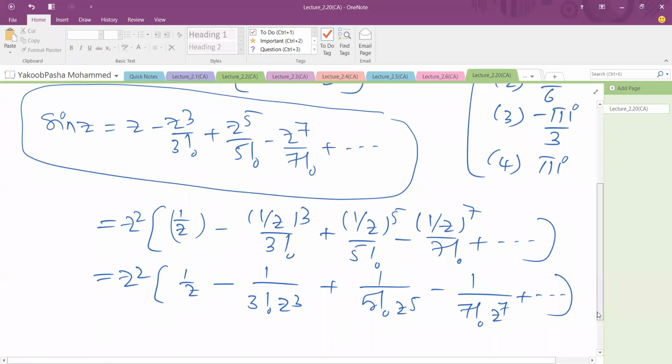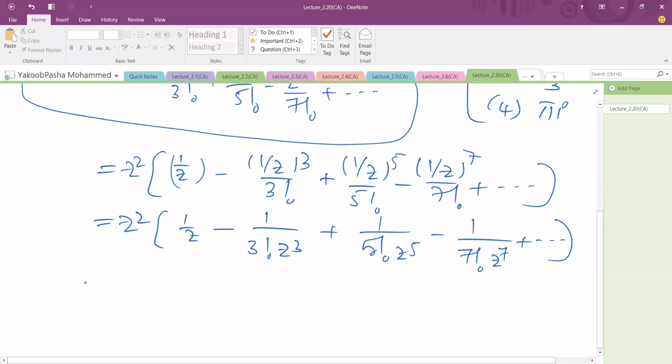And multiply the terms with z squared. So we get first term z, minus second term 1 by 3 factorial z, plus third term 1 by 5 factorial z power minus 1, minus and so on.